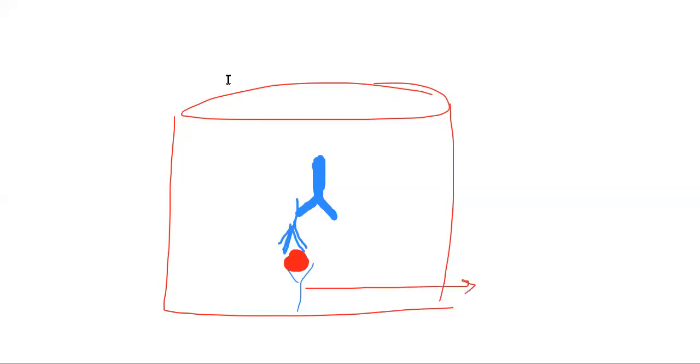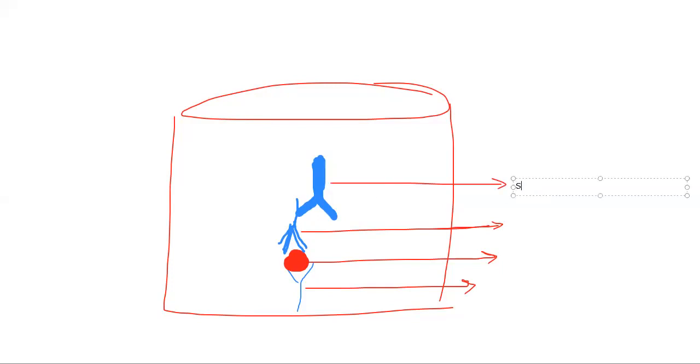Number 1, number 2, 3, and then 4. What is shown here? That is the secondary antibody, which is enzyme linked. The secondary antibody is linked with enzyme. Next, this is the primary antibody which binds with an antigen on the other side, and this is the antigen.